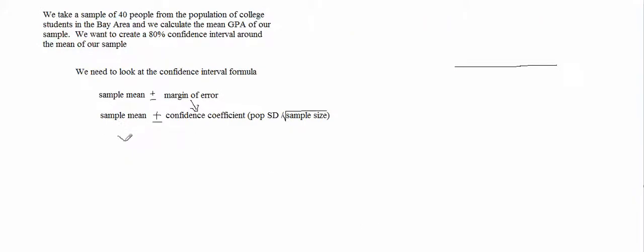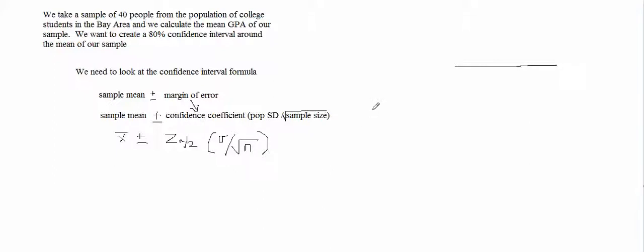The way this is written out in symbols is the confidence coefficient is Z with the Greek symbol, it's actually alpha over 2, times the population standard deviation, this symbol, the sigma, over the square root of the sample size. This whole thing is the margin of error, just in symbols instead of words.